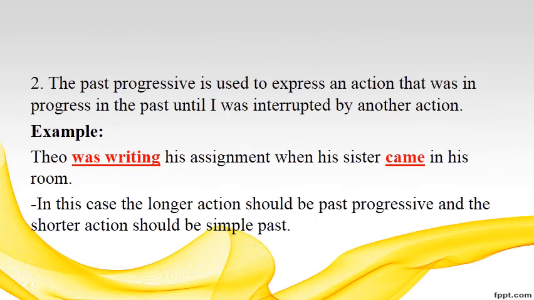Was writing is a longer action that was in progress and continuation until another action, which is his sister came, which is a short action, interrupted it or stopped it. Now in this case, the longer action should be in the past continuous tense and the shorter action should be in the simple past.